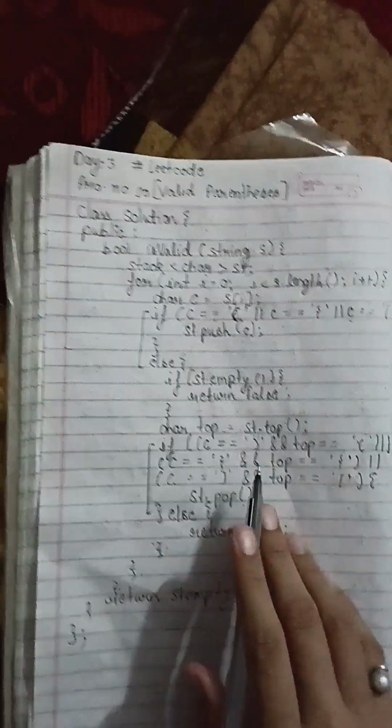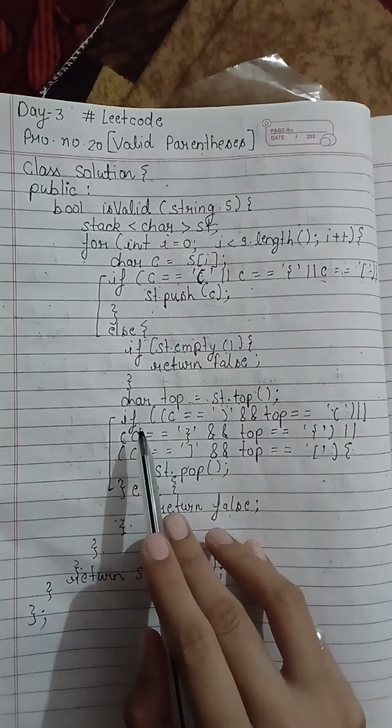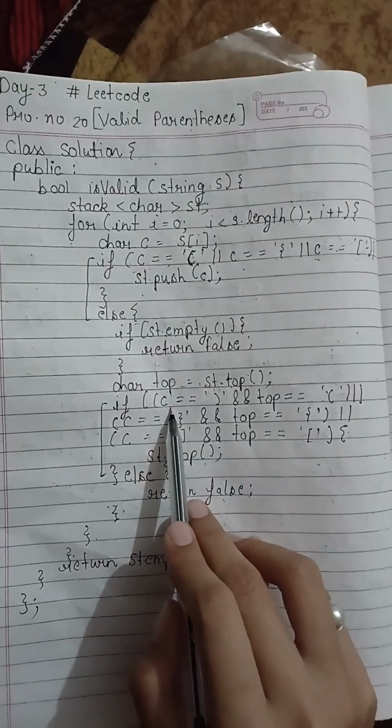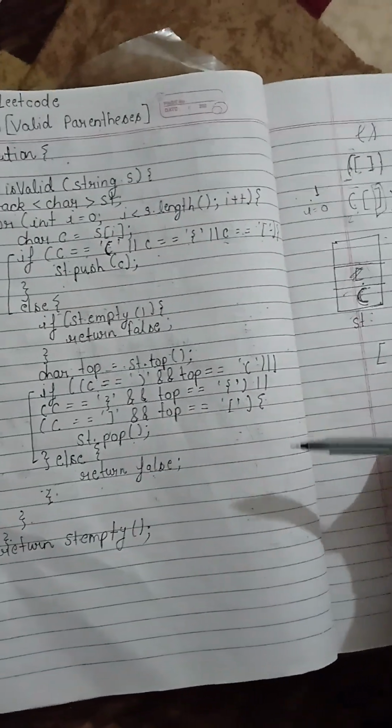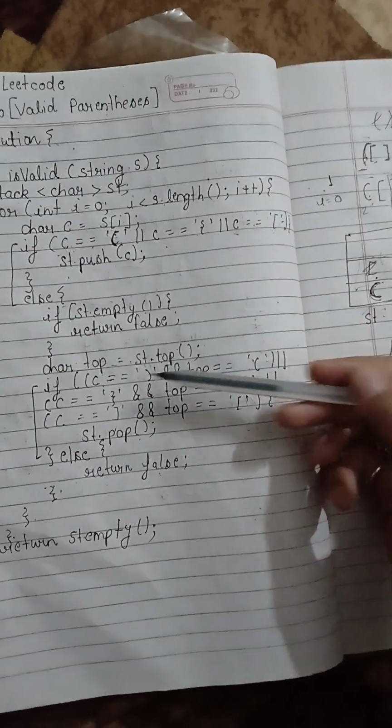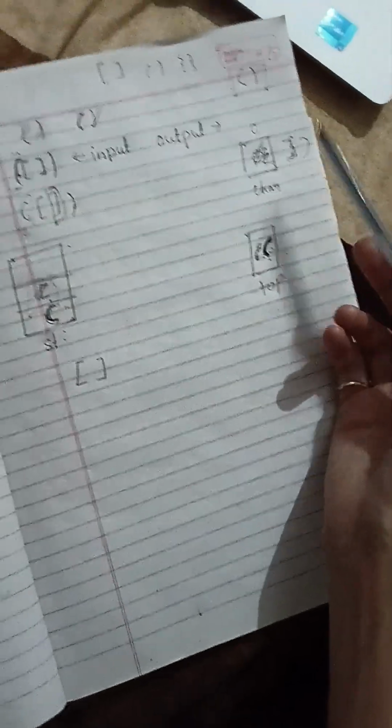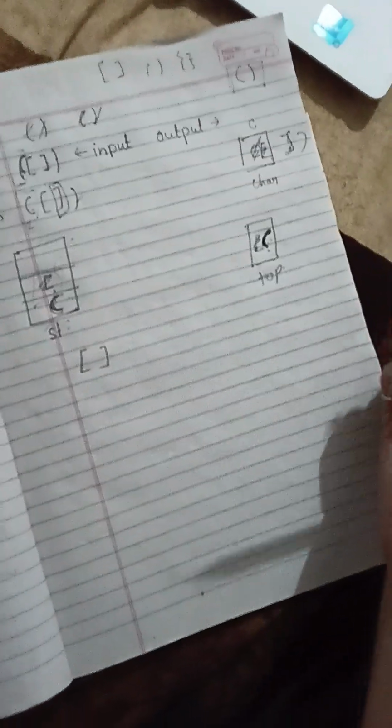And we will again check this condition: if c is a close bracket and top is an open bracket, and they both are matching. Yeah, we can see that c is a close bracket and top is an open bracket and they both are the same.